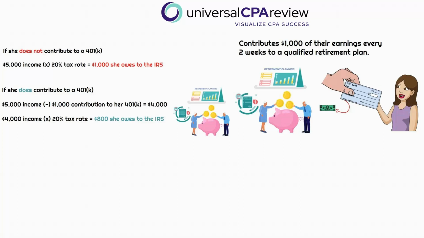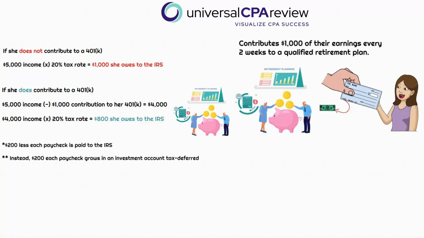So $5,000 of income minus $1,000 in contribution to her 401k would mean that she has $4,000 in taxable income. Okay, so now $4,000 is applied to the 20% tax rate, and she now owes $800 to the IRS. Right? So $200 less each paycheck is getting paid to the IRS.